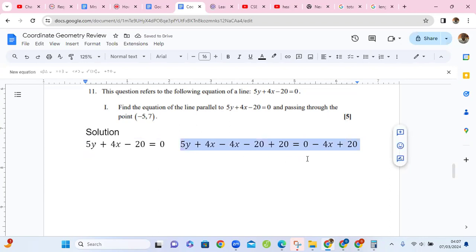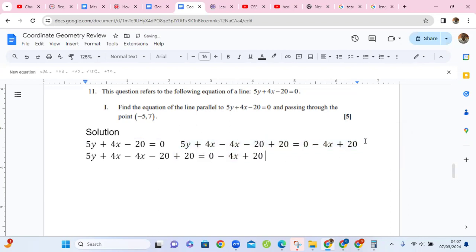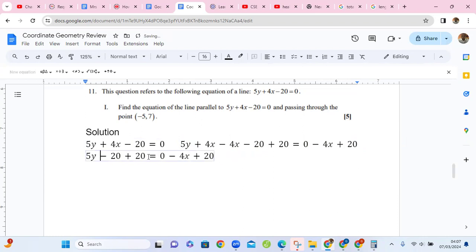So therefore now, 4x minus 4x will be 0, -20 plus 20 equals 0. 0 minus 4x is -4x plus 20. So 4x minus 20 has been cancelled out from the left side, and it now appears as -4x plus 20 on the right side.